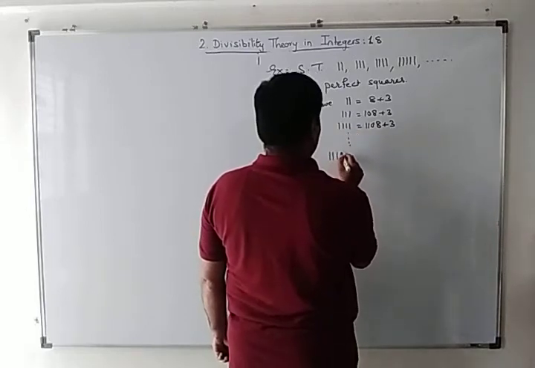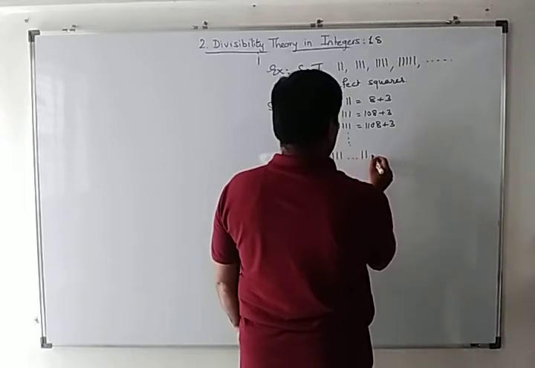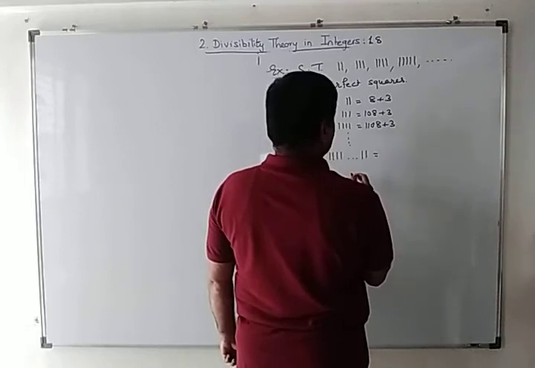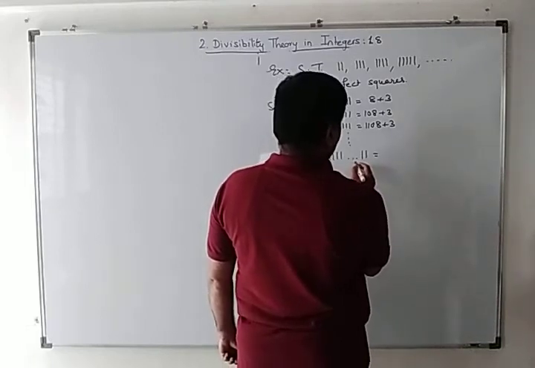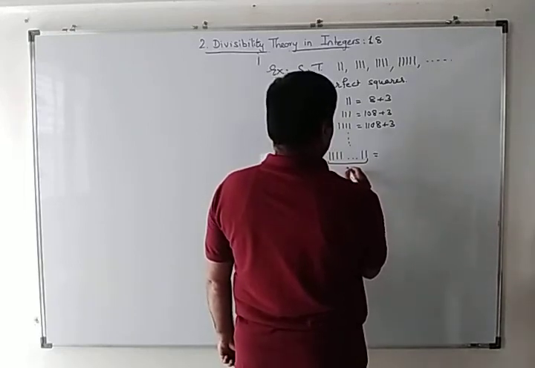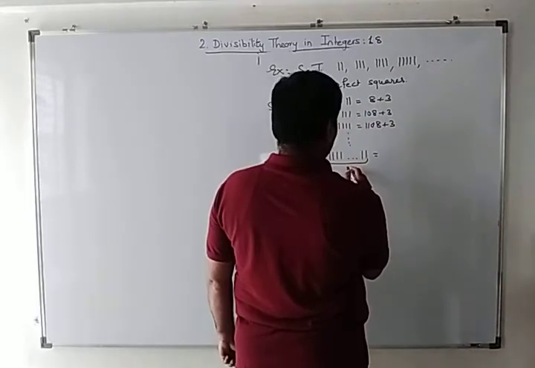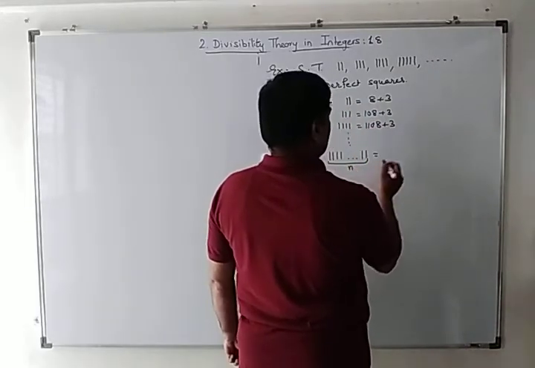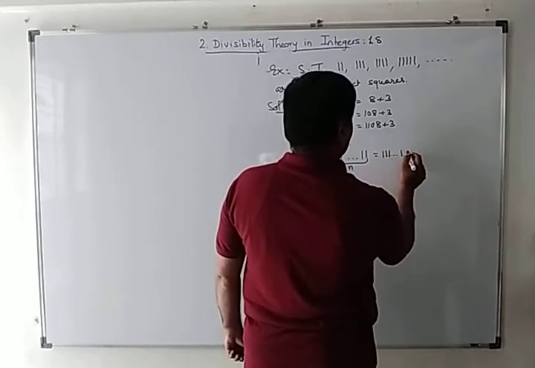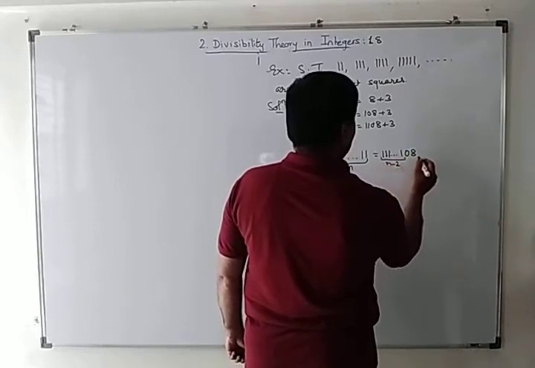If I take 1111...1 with n digits, then I'll take this as 111...108, which is my n minus 2 digits, plus 3.